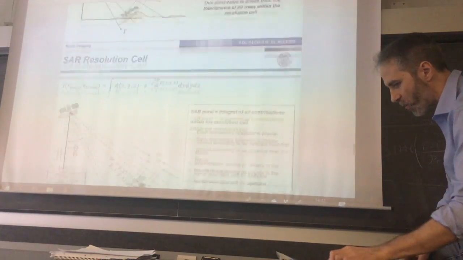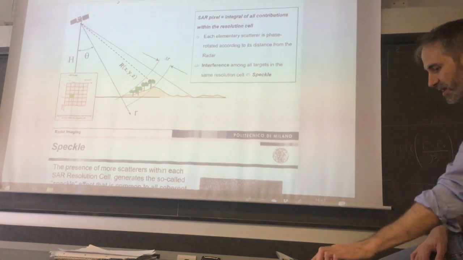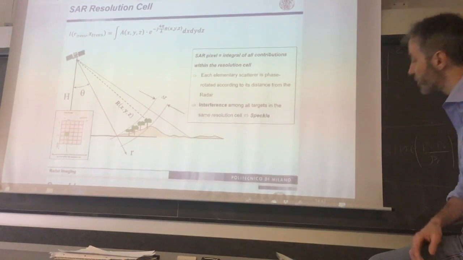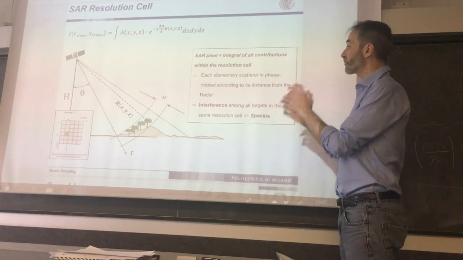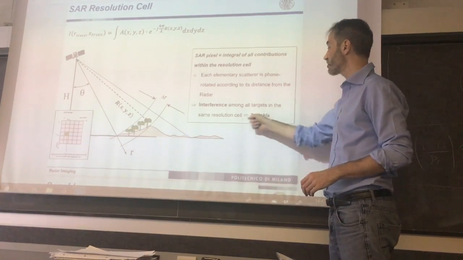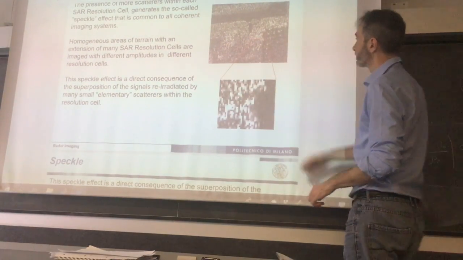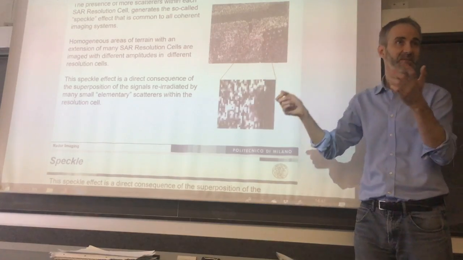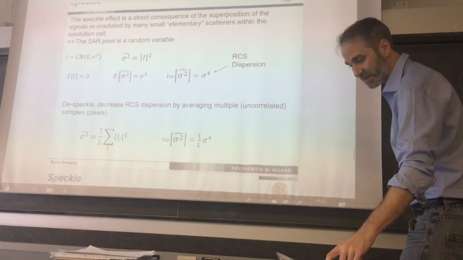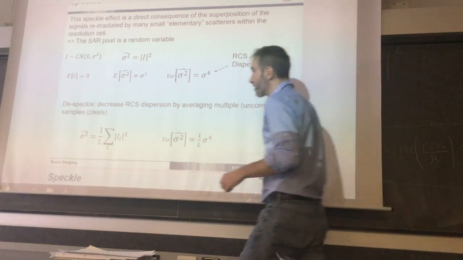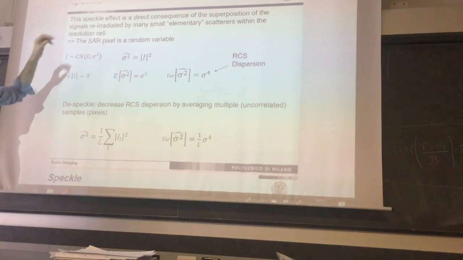Speckle. We say when multiple targets enter the same resolution cell, then you have an integration with phase, which creates interference among the different targets, which creates speckle. This is speckle in a real SAR image. You see this black and white pattern. And this is the statistics of speckle. We say it is circular Gaussian, zero mean with some variance.